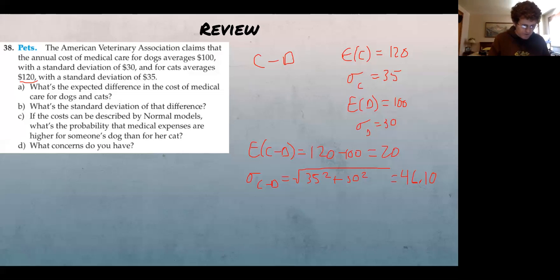All right, so if we're good with that, let's figure this out. We've got a new normal model that looks like this. So a normal model with the mean of 20 and a standard deviation of 46.1. So if I draw this, the mean right here is going to be your 20.